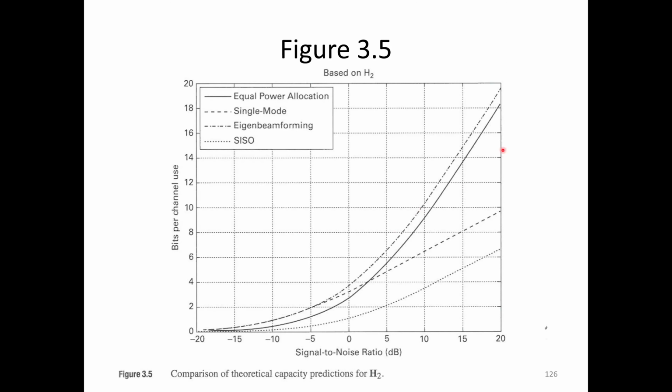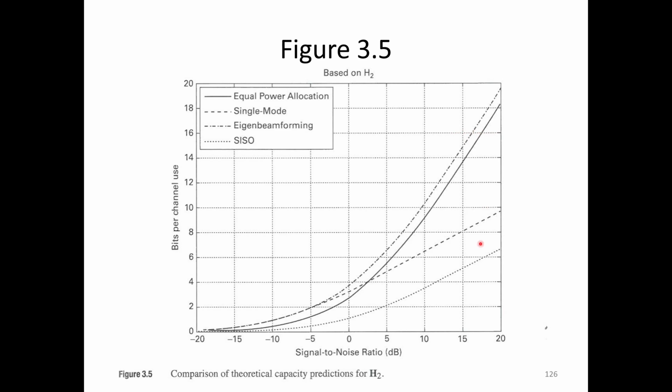We can see that when rho is large, that is signal to noise ratio is large, for example, we take this line as an example, when the bits per channel use is equal to 16, the equal power allocation and the eigenbeamforming, the difference between them is approximately 1/4 of this length.